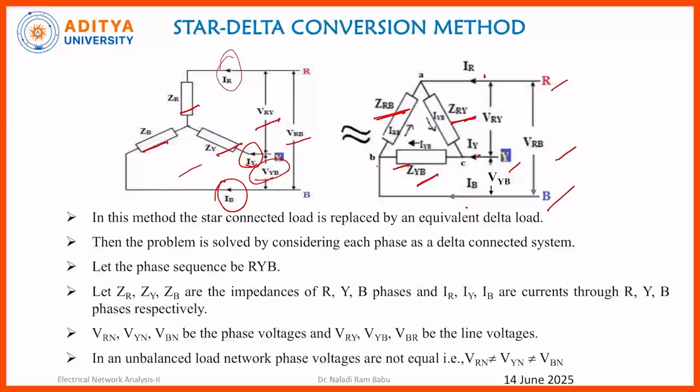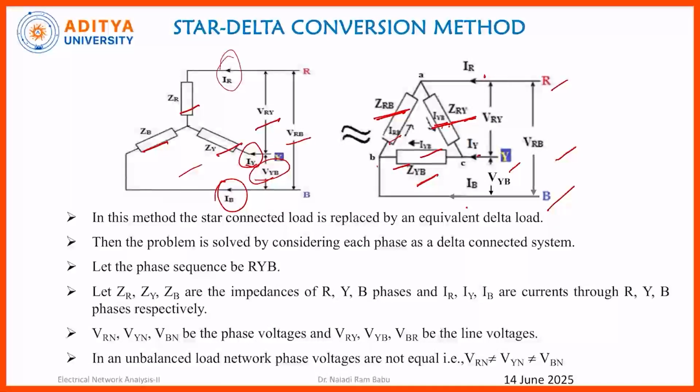The current flowing through ZRB is IRB, and the currents flowing through ZYB and ZRY are IYB and IRY. These three are the phase currents.